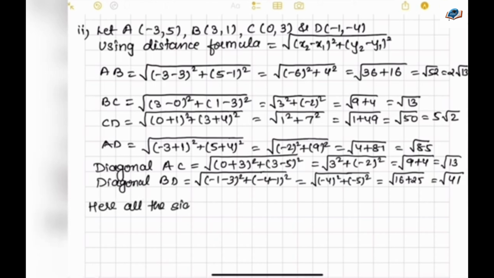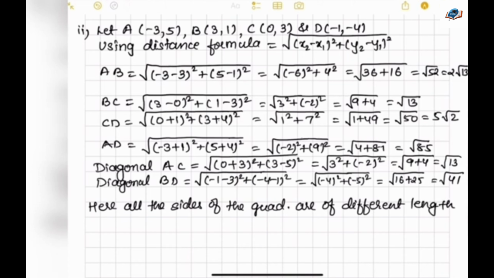Here all the sides of the quadrilateral are of different length, that is, AB not equal to BC not equal to CD not equal to AD.